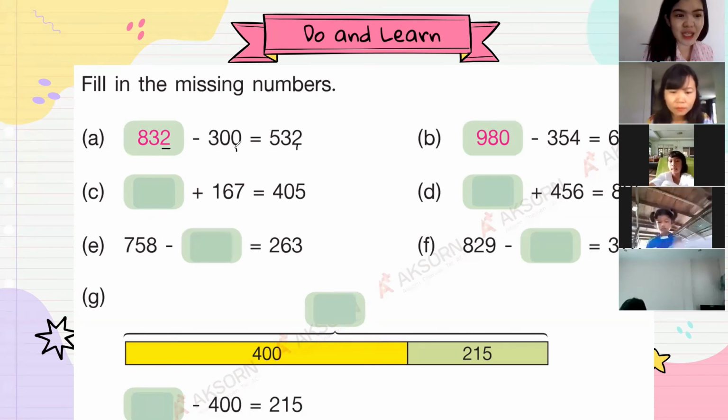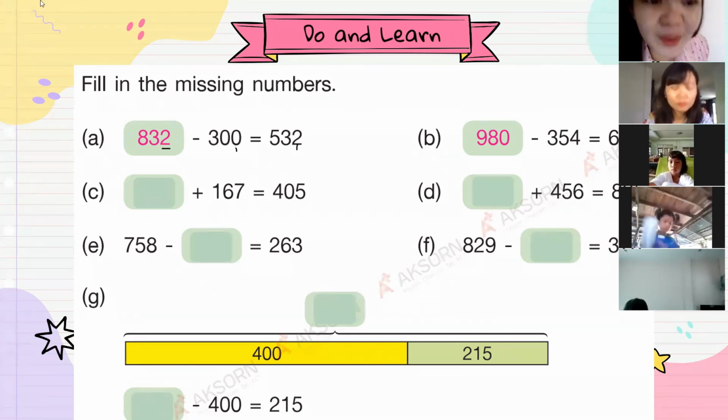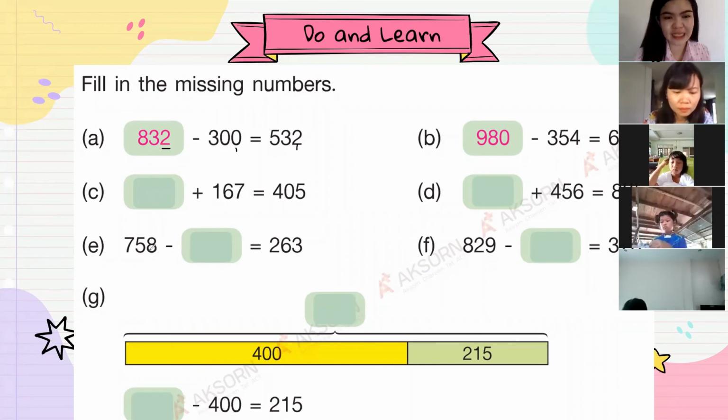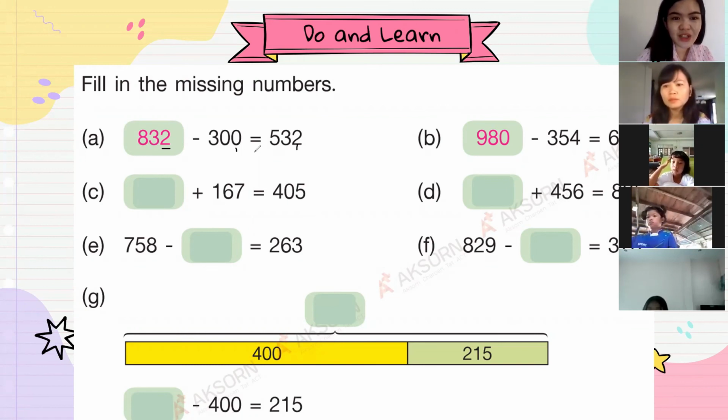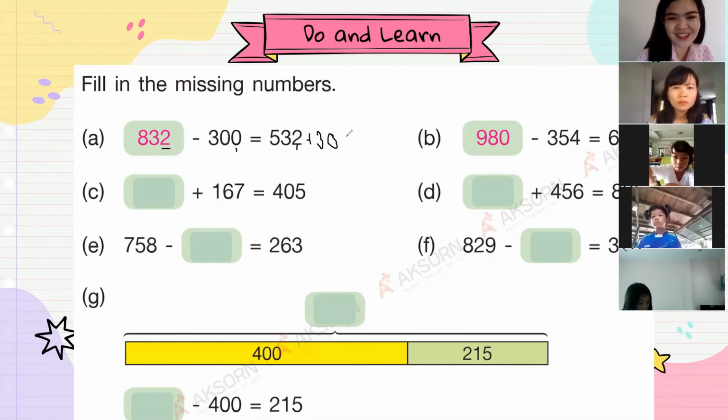The page is 118. You can open your book at 118. So, to know the answer, you're going to add 300 and 532. So, you're going to add 532 plus 300.